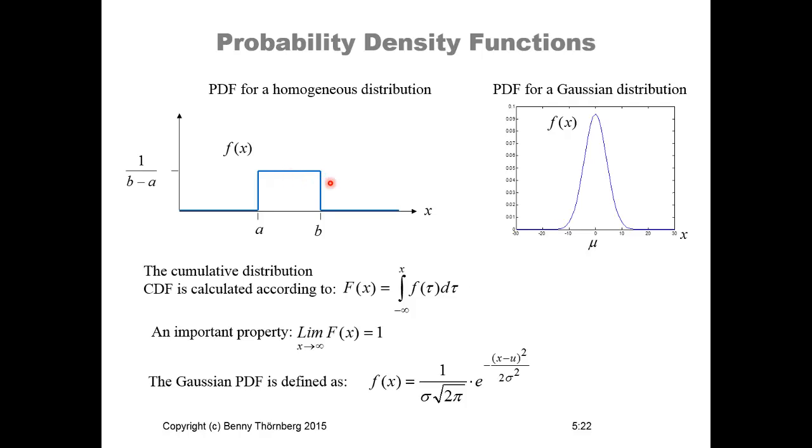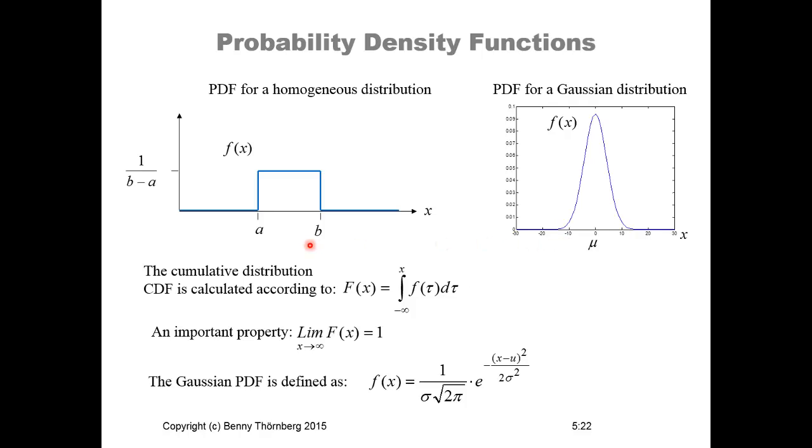On the other hand, we see here on the right side a Gaussian distribution that looks like a bell shape, where as we approach infinity or minus infinity, the probability is very low, and then we have a slowly increasing probability of occurrence for the values. And where the center is, with the highest probability of occurrence, that is modeled as the parameter μ. I will explain more later on what μ actually means.